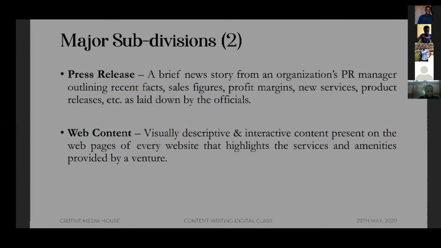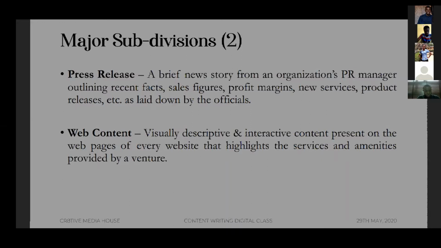Next is web content. It's visually descriptive or interactive content which is present on the web pages of every website that highlights the services and amenities provided by a venture. Web content goes beyond just text. We also have video web content.